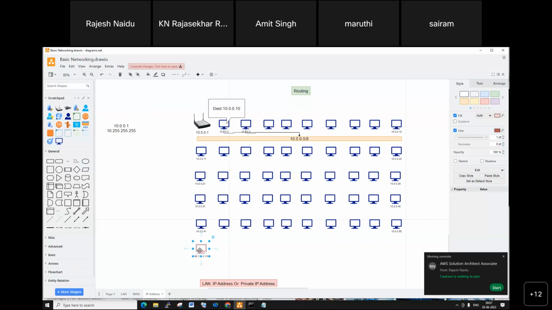Going forward, practically we will create some machines, create the network, assign IP addresses, and have them communicate with each other. If they are not communicating, how to troubleshoot between two different IP addresses and how they can communicate, all these concepts we will learn in the next two to three days. Don't take any leaves.